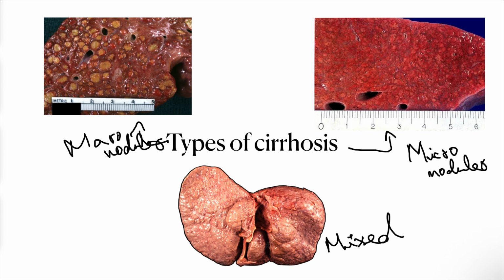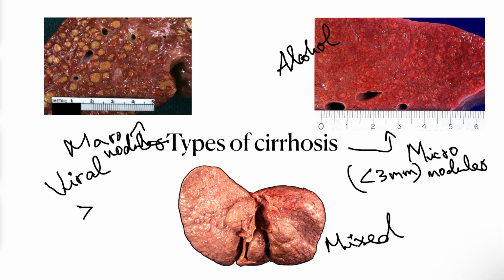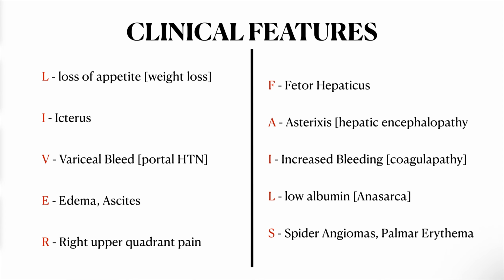And the most common cause for micronodular is alcohol, is A, and for macronodular it is viral. The nodule size is less than 3 mm for micro and more than 3 mm for macro. So architecture distortion is also irreversible, which you have to remember.